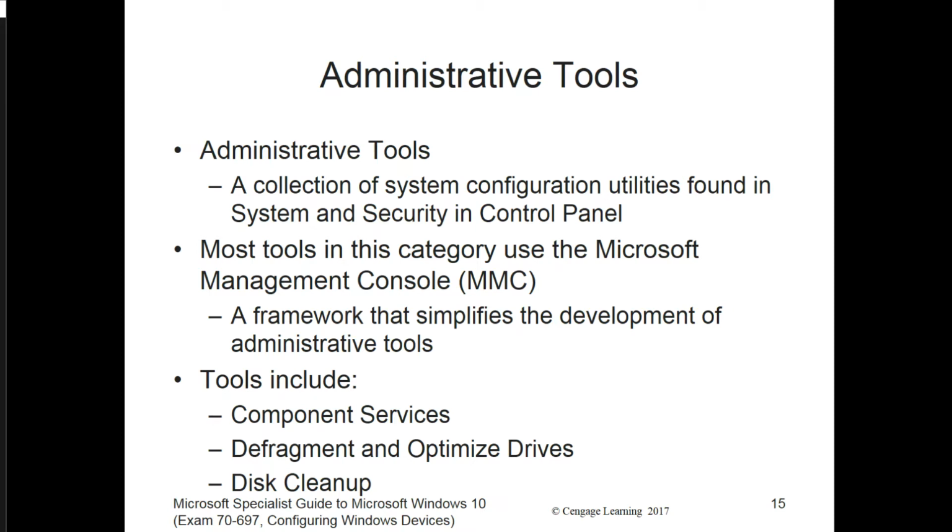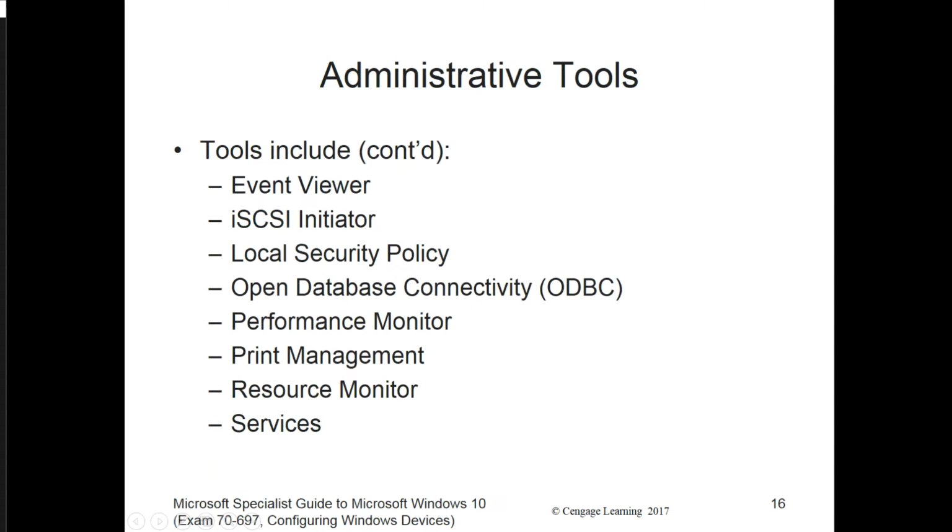Those tools include component services, defragment and optimize drives, disk cleanup, event viewer, iSCSI initiator, local security policy, ODBC, open database connectivity, performance monitor, print management, resource monitor, and services.